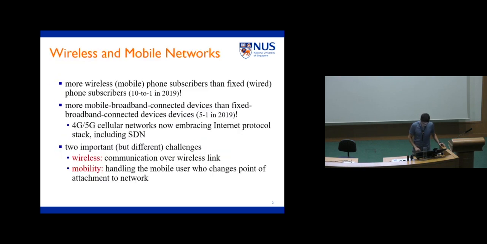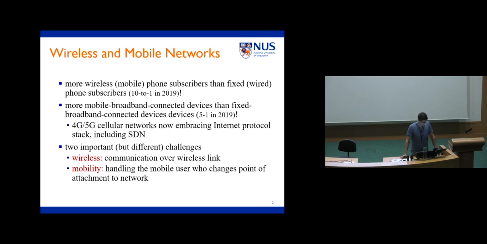Okay, so let's go back to here. Yeah, to give you more data, more motivation on why wireless and mobile is important. Well, even in 2019, we had more mobile phone subscribers than fixed phone subscribers. This is again just the motivation for the human user, but again, we have machine users.